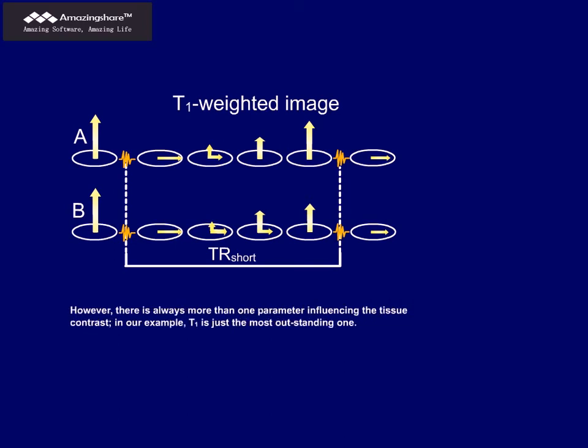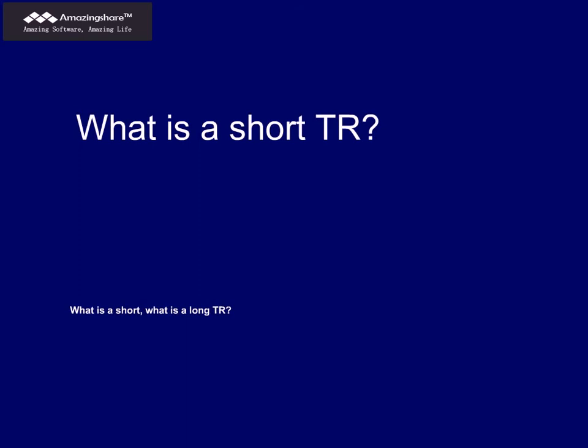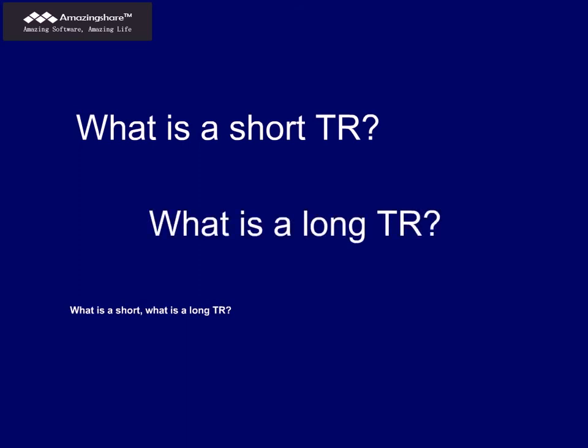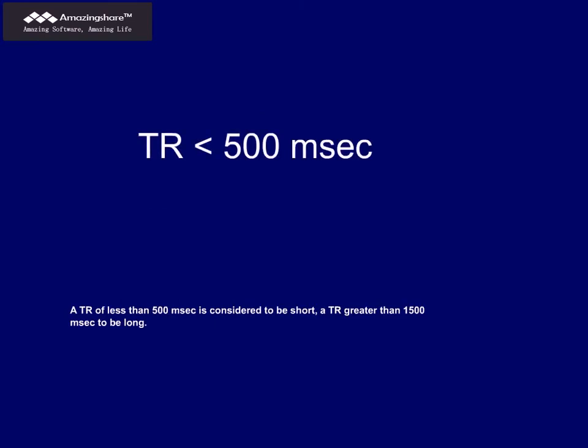However, there is always more than one parameter influencing the tissue contrast. In our example, T1 is just the most outstanding one. What is a short? What is a long TR? A TR of less than 500 milliseconds is considered to be short.